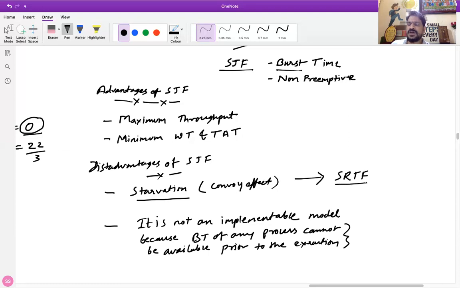By using this algorithm, we can solve this particular problem to some extent, not fully. Now the next thing is how we can find out the burst time. That is the main disadvantage of the shortest job first algorithm.